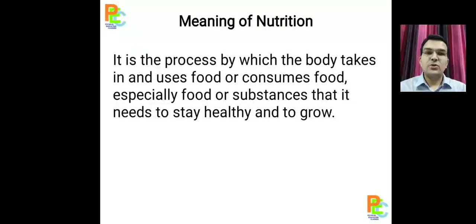Meaning of nutrition. This word nutrition is basically the process through which we get the values out from the food and we use those values in the body. Values means the nutritive values which are available in the food particle, food supplements or food components.